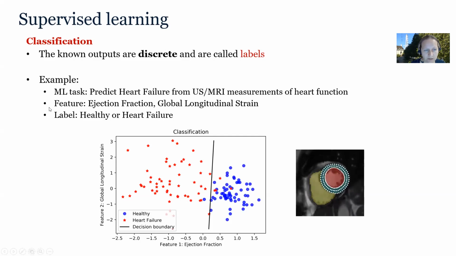And both of these are the features in this example. So you see first feature ejection fraction on x-axis and global longitudinal strain on y-axis. And here you can see the decision boundary between the two groups of patients, which are the healthy patients in blue and heart failure patients in red. So label in this case will tell us whether the patient is healthy or has heart failure.